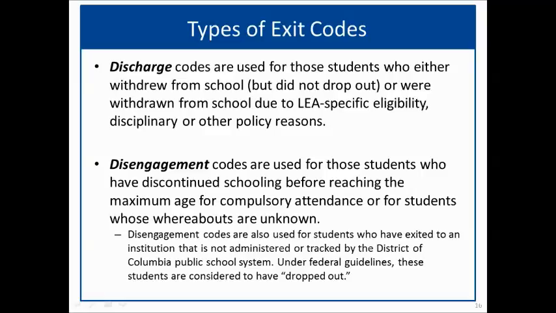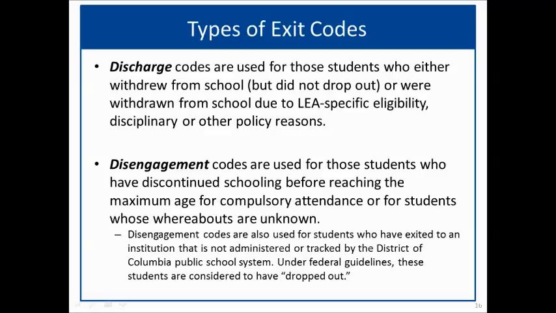The disengagement codes are used for students who discontinue schooling before reaching the maximum age for compulsory attendance, or for students whose whereabouts are unknown. Disengagement codes are also for students who have exited to an institution that is not administered or tracked by the DC public school system, and so this can mean students who are exiting and transitioning to incarceration and other types of institutions that are not involved in the public school system.